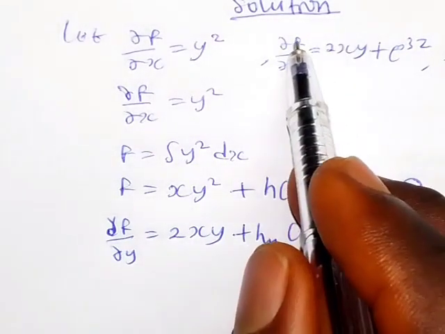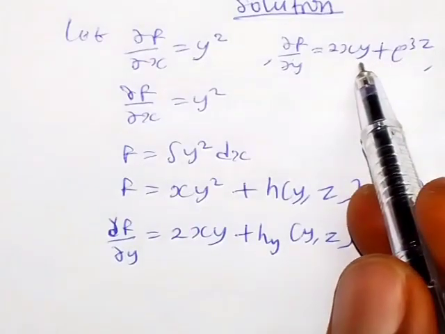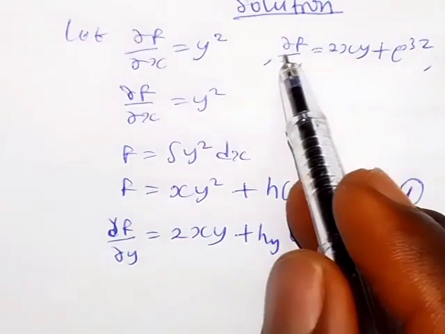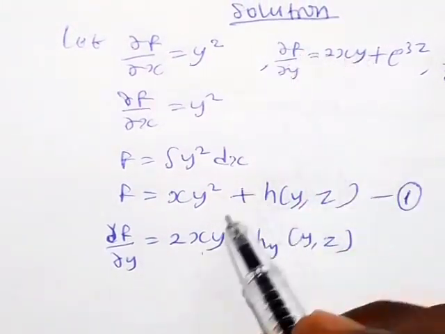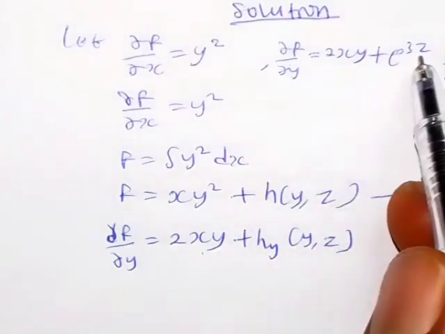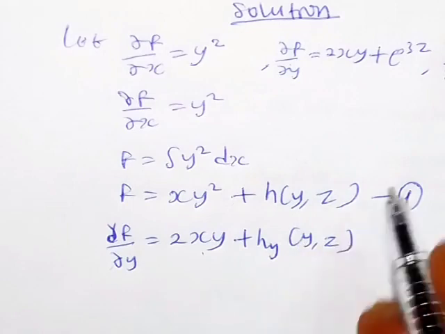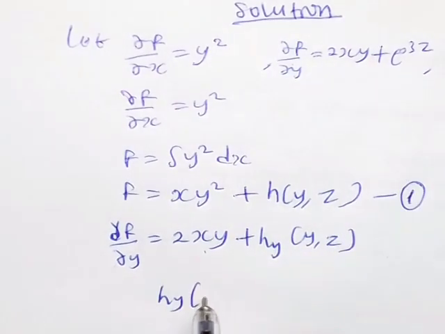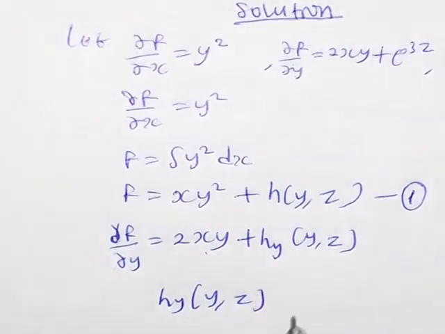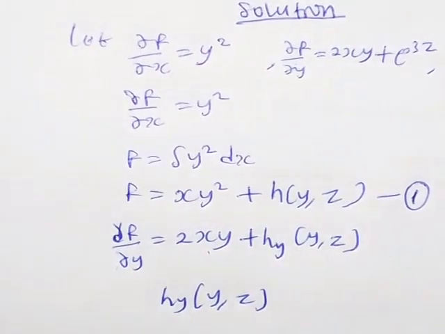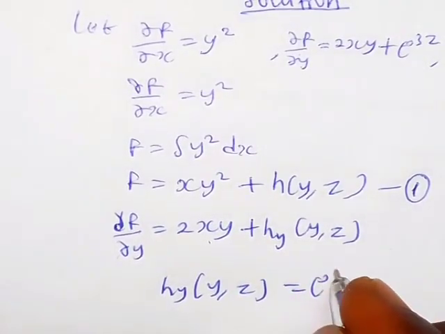You can see it's the same thing as this, partial f partial y, but what it is equated to here is different. So when we equate these two guys, 2xy is going to eliminate each other, so we're left with h subscript y of y comma z, which is equal to exponential 3z.